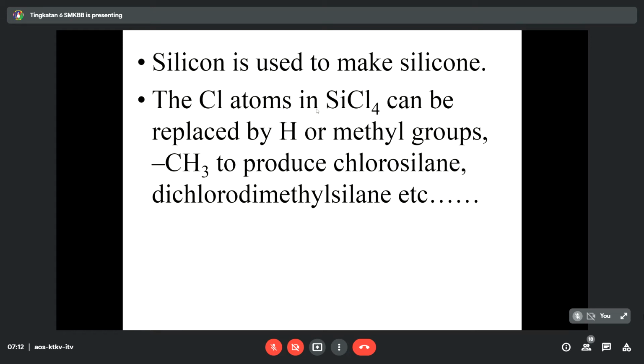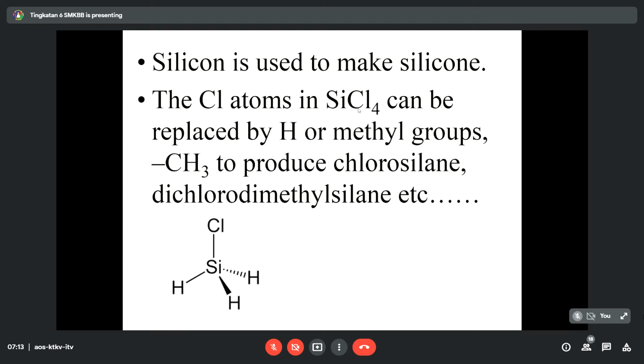So the chlorine atoms, that's 4Cl in the silicon tetrachloride, can be replaced by hydrogen or replaced by methyl groups to produce a substance which we call a chlorosilane. That means silicon now. Chlorosilane or maybe dichlorosilane or even dimethylsilane.